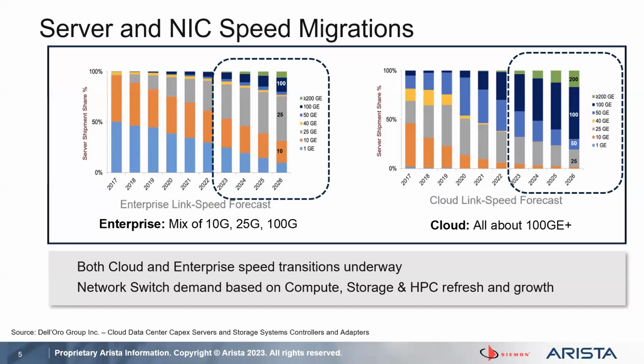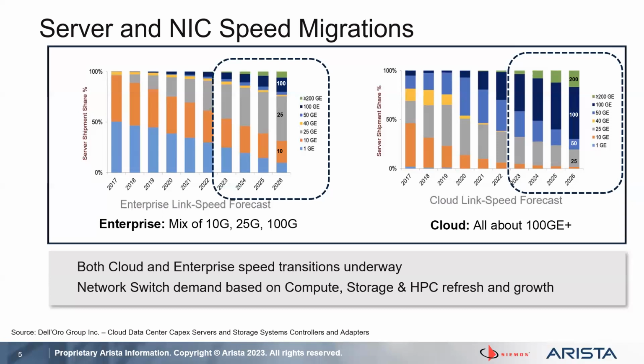So 10, 25, and 100 seem to be the predominant connectivity models. Of course, we see 50 gig, we see 200 gig, but in terms of the mix, those connectivity options seem to be in lesser demand compared to 10, 25, and 100.